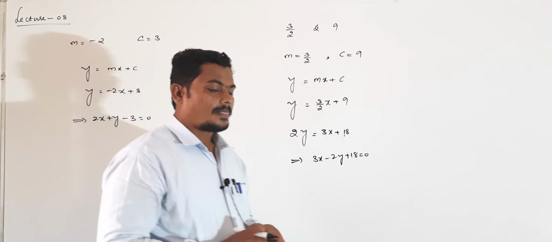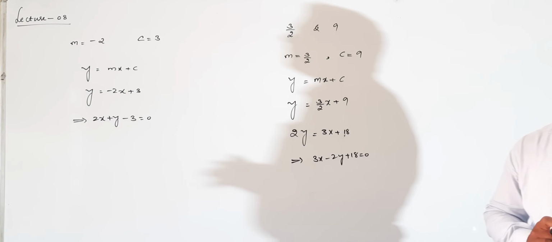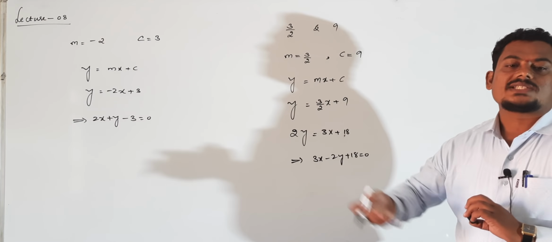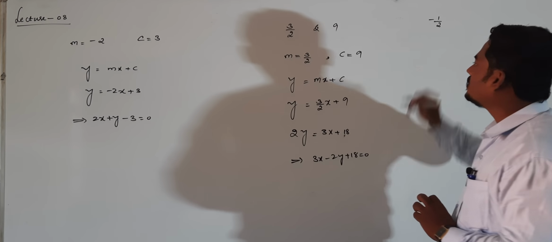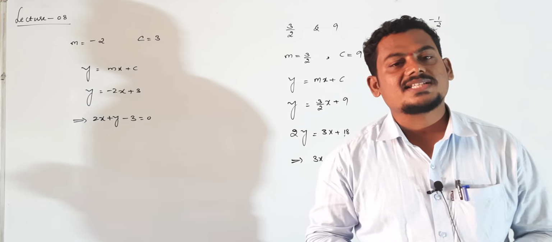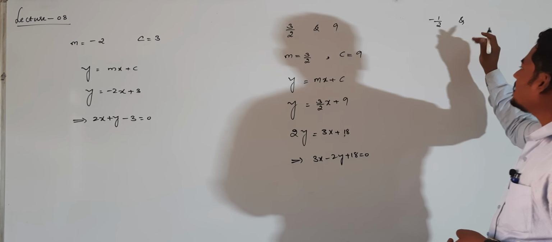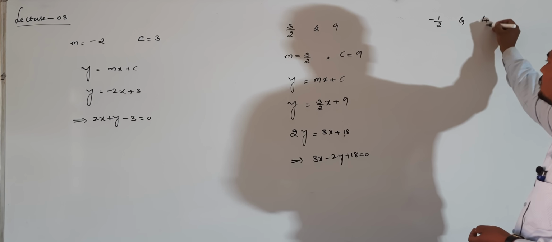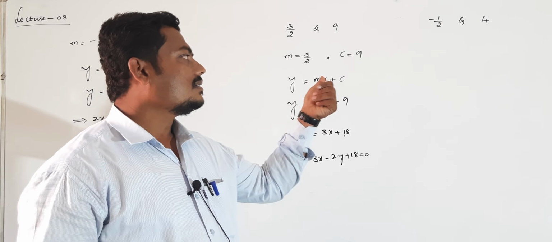Next problem: find the equation of the line whose slope is -1/2 and y-intercept is 4. In this case, what have they given?